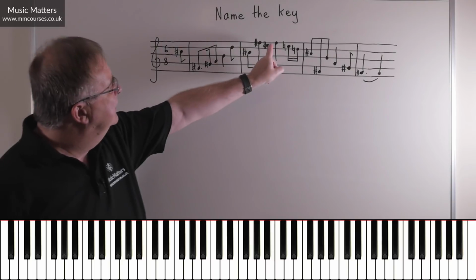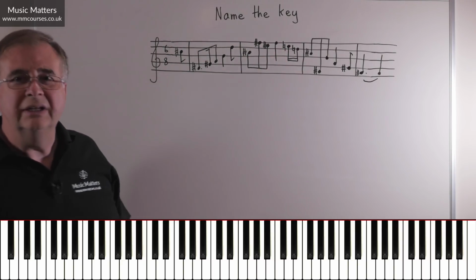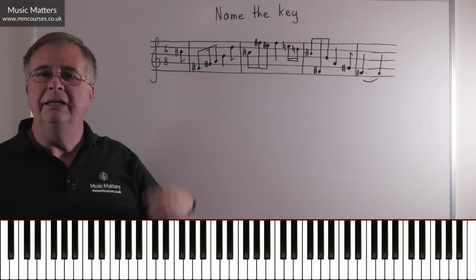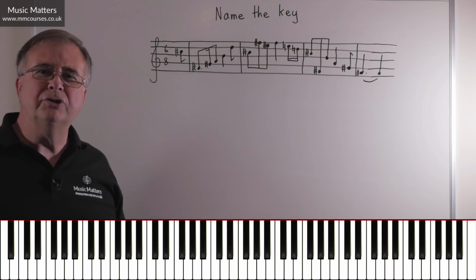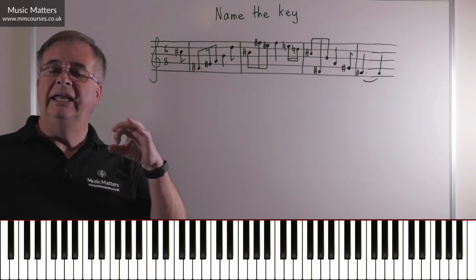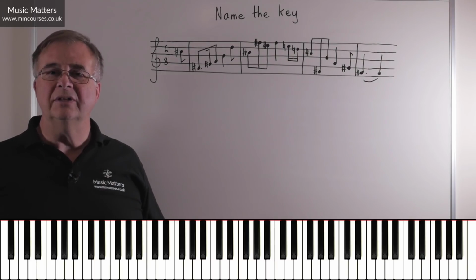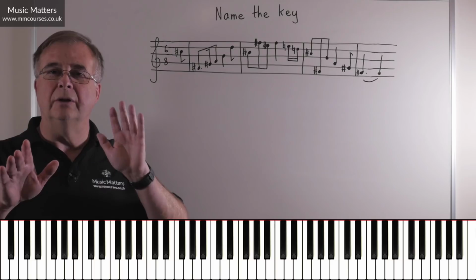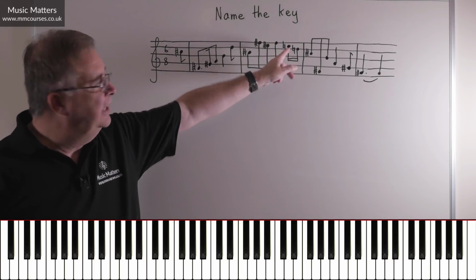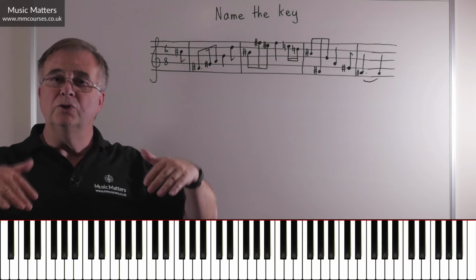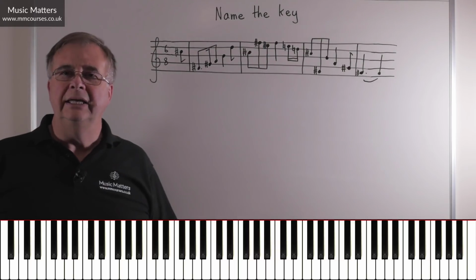Now, we did say that the most likely explanation for this E sharp in relation to the E natural is that E sharp might well be the 7th degree of the scale. Now think about this. If we're in F sharp minor, E sharp would be the raised 7th degree of the scale. If the key signature has F sharp, C sharp, G sharp, E would be natural, as it is here in the key signature. But if we're going to raise it, E natural is going to become E sharp.